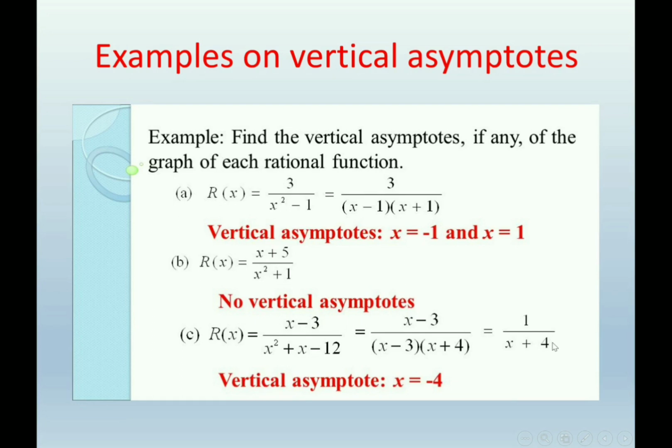After that, if you equate x plus 4 to 0 and move the plus 4 to the other side, you get x equals minus 4. That gives the vertical asymptote, where the denominator equals 0, which is x equals minus 4.